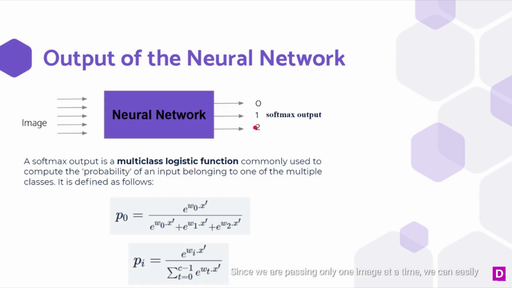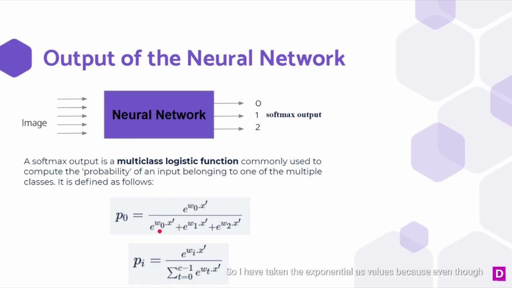Since we are passing only one image at a time, the input remains constant. We are passing the image of a cat at once, so this image remains constant, but whether it belongs to class 0, 1, 2, those probabilities may vary. Considering the image I have passed is a cat, and I have defined class 0 as cat, the probability function would look like this.